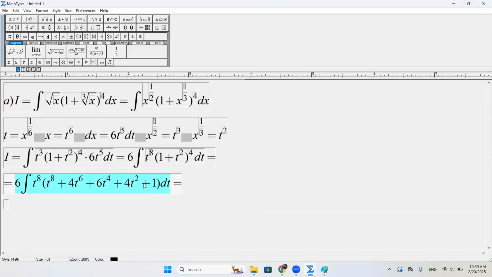And now let's expand it completely. So 16, 14, 12, 10, and t in power of 8.